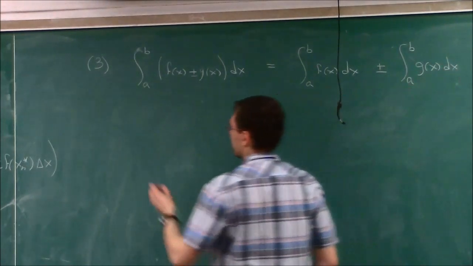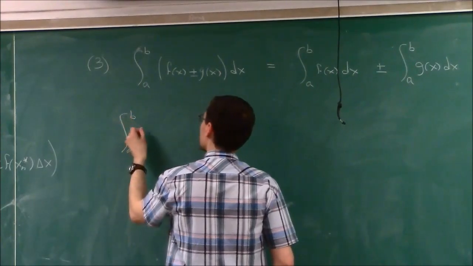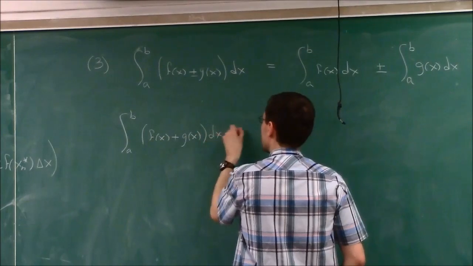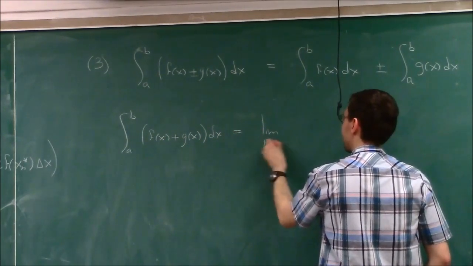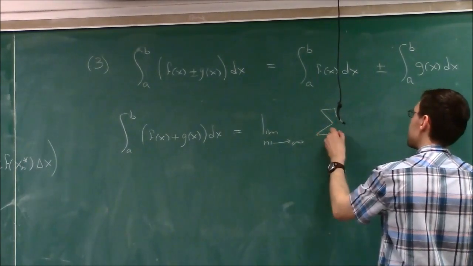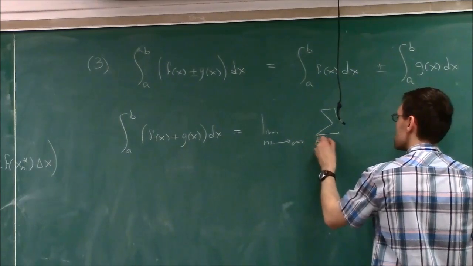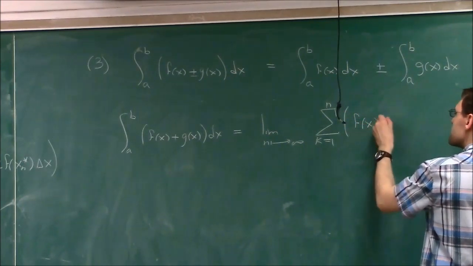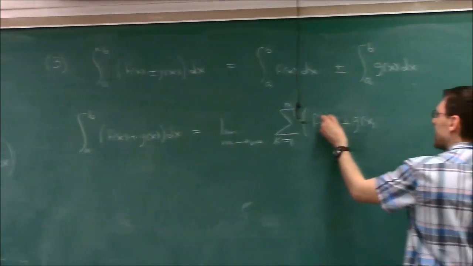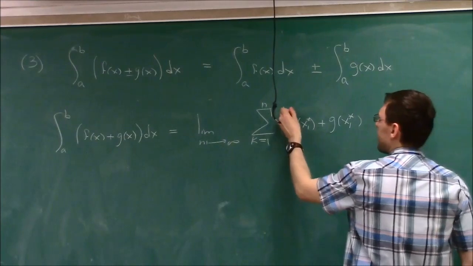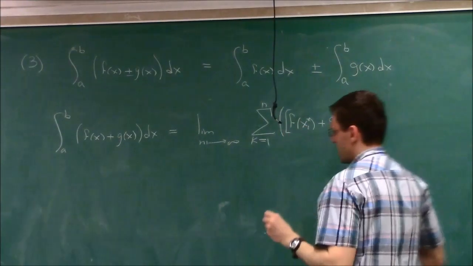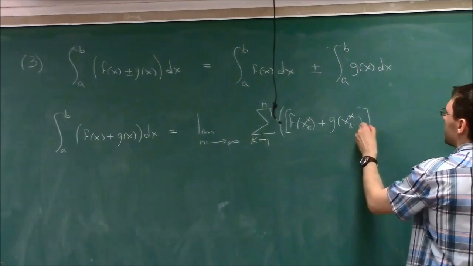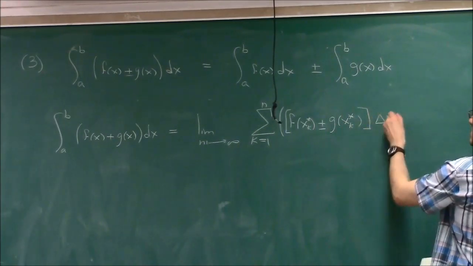Why does it work? Again, very simply. The integral from a to b of f of x plus g of x dx is the limit as n goes to infinity of the sum of f of x_k star plus or minus g of x_k star, times delta x.